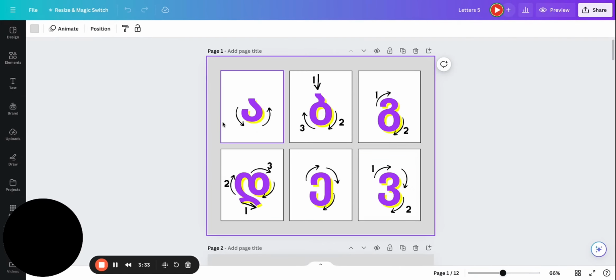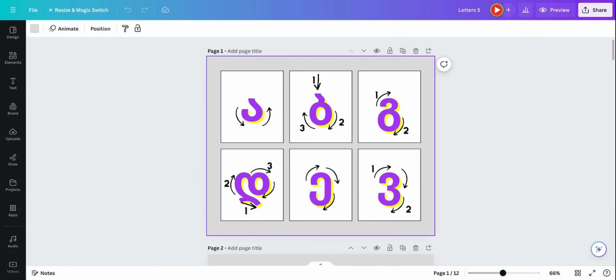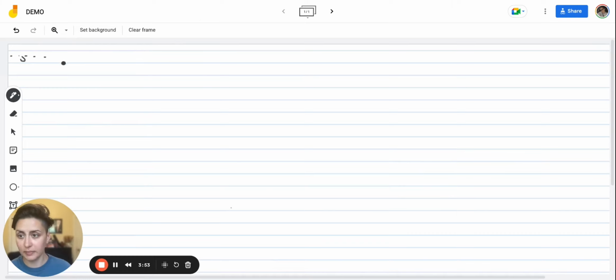In this PDF that is provided to you to download and use however you like, I also demonstrate with these arrows the direction the letters go when you are writing them, if that makes sense.